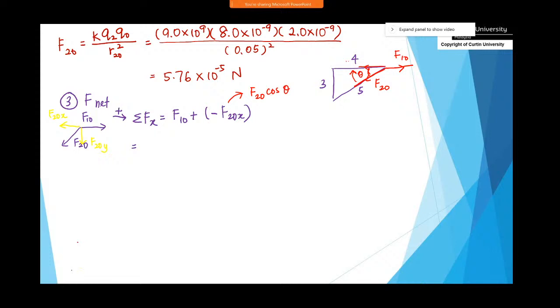Okay, so F1O is 5.75 times 10 to the power of negative 5 minus F2O, 5.76 times 10 to the power of negative 5 cos theta. What is the value of cos theta?